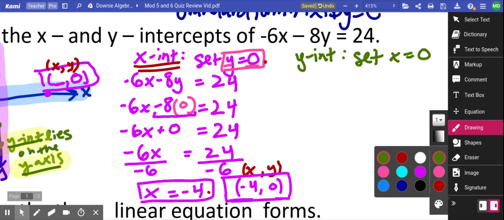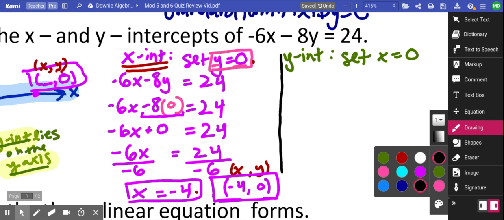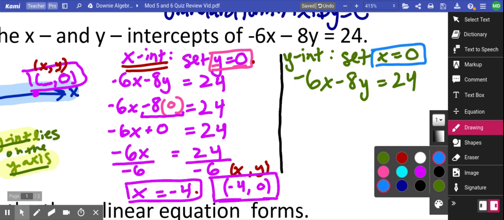So let's rewrite our original equation. This is a brand new problem. We're going to ignore our x-intercept while we're solving for our y-intercept. We write our original equation, negative 6x minus 8y equals 24. I'm going to keep my equation exactly the same, except for changing my x to 0.